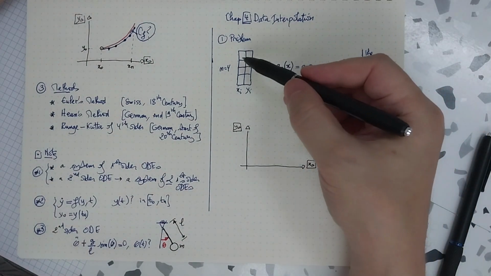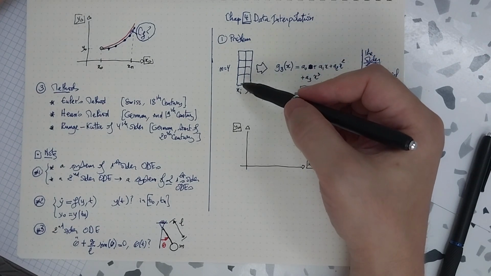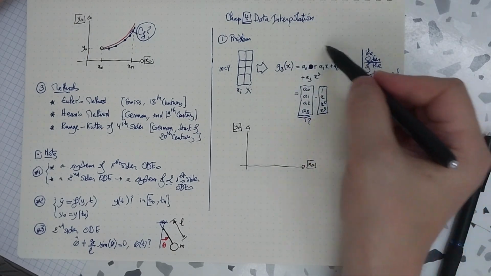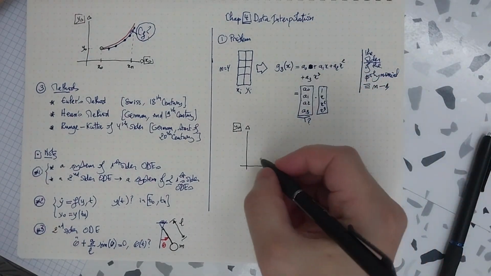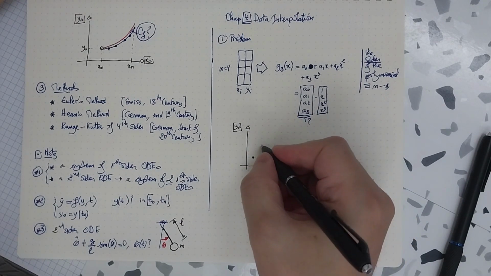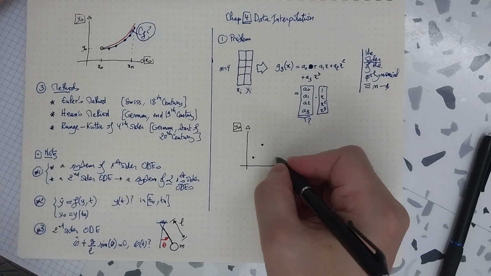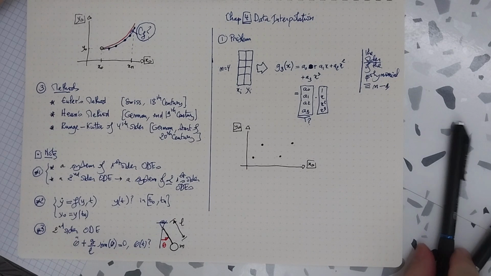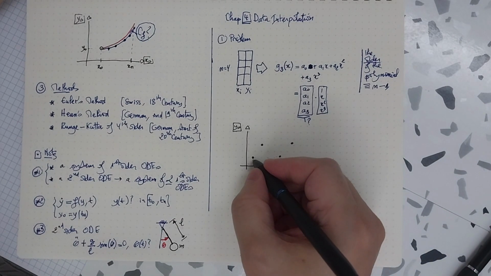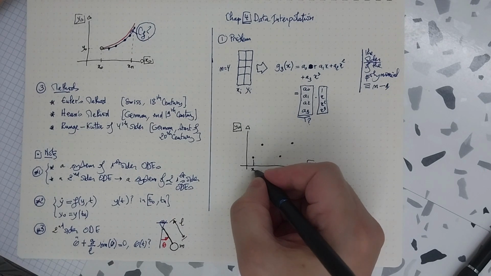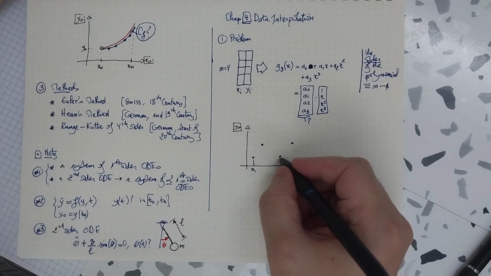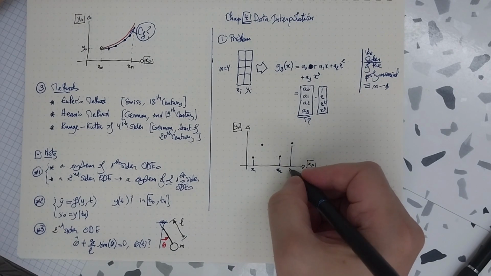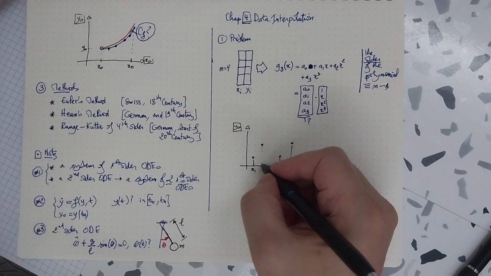You only have a finite number of points, and you are looking for a function that maps them in the form of a polynomial. So let's say we have here point 1, point 2, point 3, point 4. Let's call this one x1 and this x2, this x3, and this one is x4.